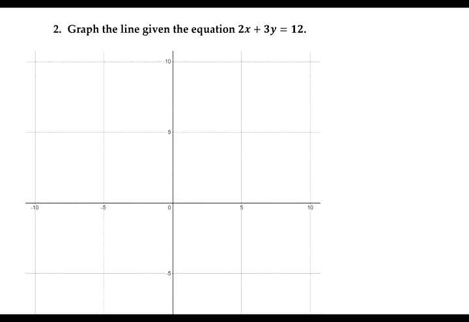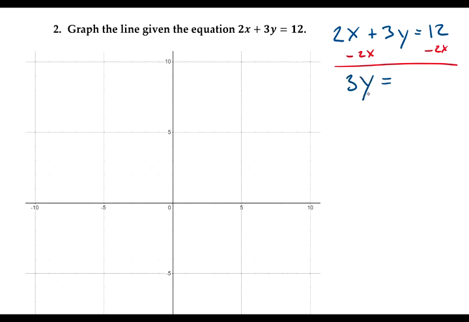So the first thing we're going to want to do is rearrange the equation. So we have 2x plus 3y equals 12, and we want to solve for y. So let's subtract 2x from both sides of the equation. So on the left, we will have 3y, since the 2x and the minus 2x cancel. And on the right-hand side, we'll have negative 2x and a plus 12.